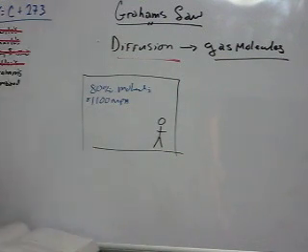So we can assume that if there are other gas molecules out and about, they're probably moving fairly quickly as well. We can assume that, and we'd actually be right.